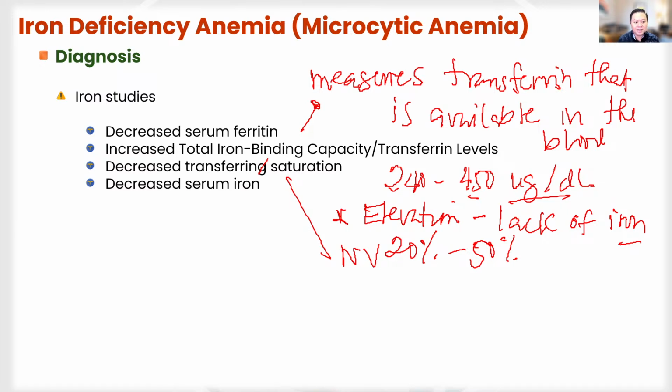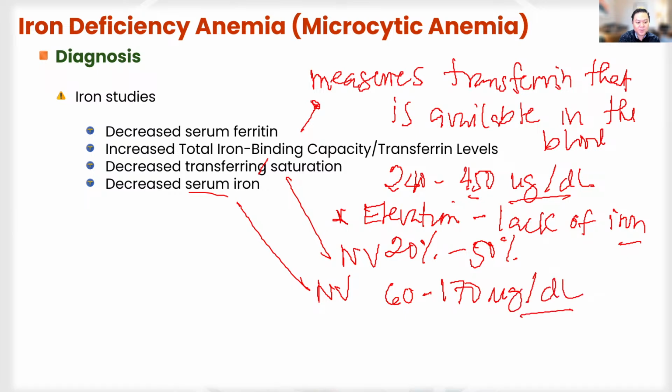The normal range is 60 to 170 micrograms per dL. So anything below 60 in the serum iron level will help in the diagnosis of the IDA.